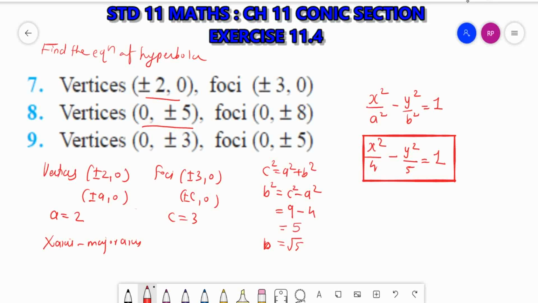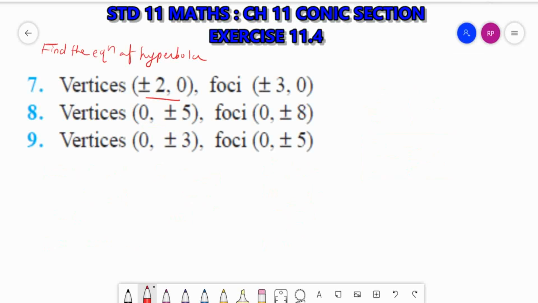Okay, I am solving 8th for you. 9th you solve it by yourself. In question number 8, the vertex is given 0 plus minus 5. So comparing it with 0, b, I will get b is equal to 5. Now as the vertices are 0, b, that means y axis is major axis.